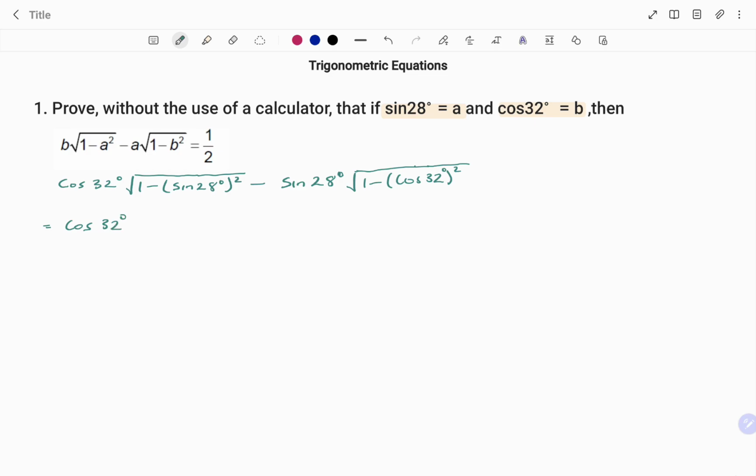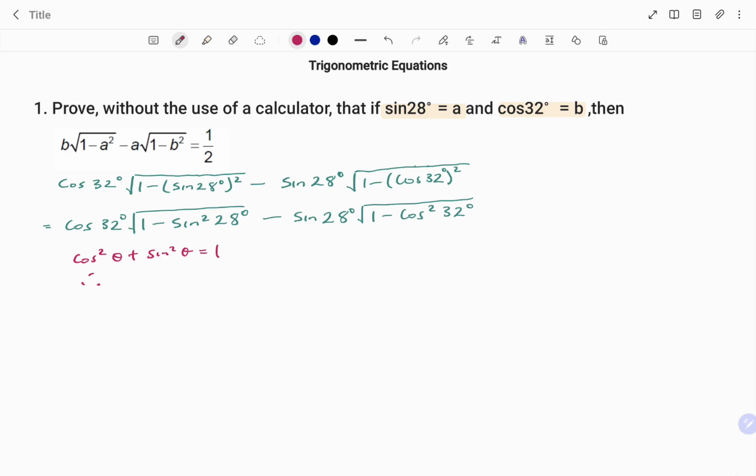32 degrees square root of 1 minus sine squared 28 degrees minus sine 28 degrees root of 1 minus cos squared 32 degrees. Note that from trig identities, cos squared theta plus sine squared theta is equal to 1.